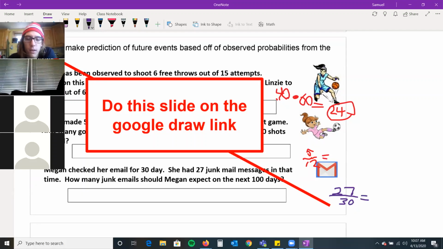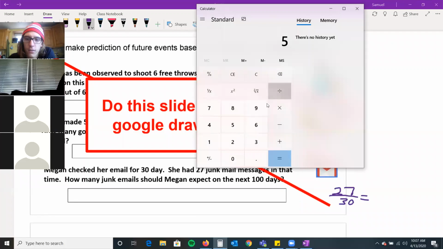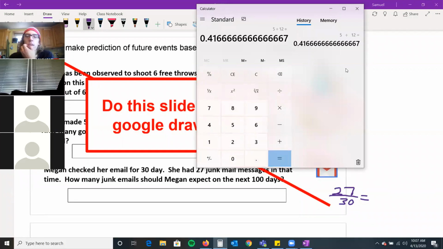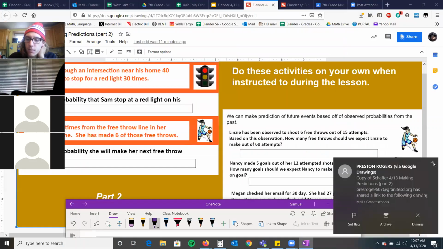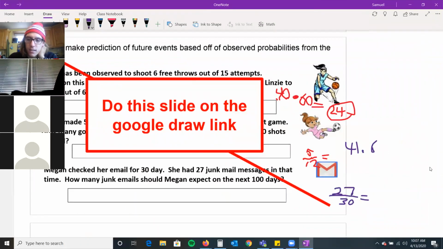So 5 out of 12, we'd get about 41.6%. So it says, how many goals is she going to make if she attempts 100 shots? Then she'll get around that number. Since it's 100 shots, 41.6, say 42. Around 42 shots out of 100 shots.